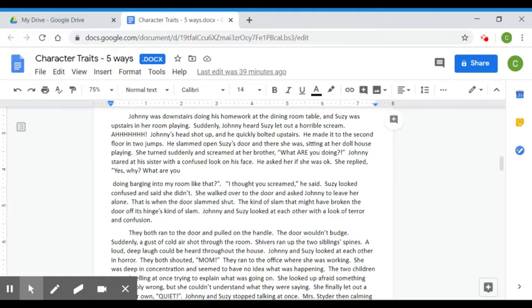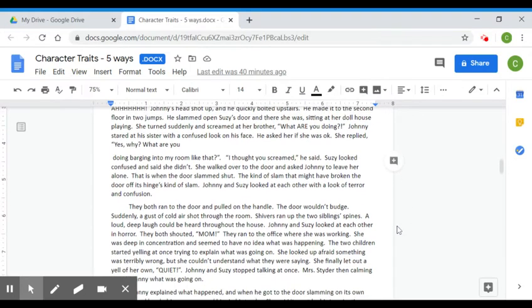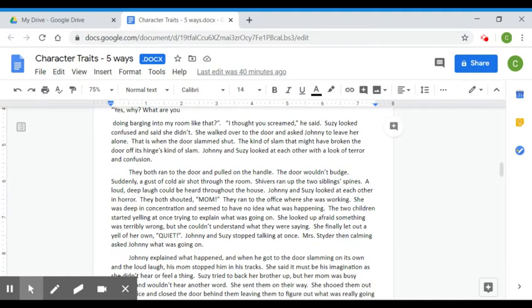He turned suddenly, and she turned suddenly and screamed at her brother, "What are you doing?" Johnny stared at his sister with a confused look on his face. He asked if she was okay. She replied, "Yes. Why? What are you doing barging in my room like that?" "I thought I heard you scream," he said. Susie looked confused and said she didn't. She walked over to the door and asked Johnny to leave her alone.